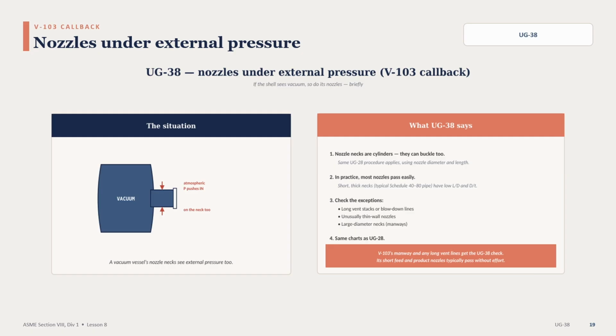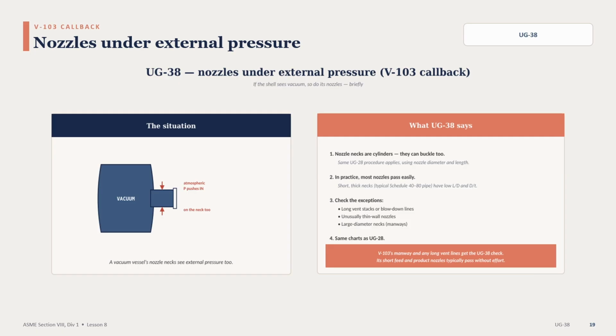2. In practice, most nozzles pass the UG-38 check easily. They are short, they are thick, they have low L over D and low D over T ratios. 3. Watch out for exceptions.